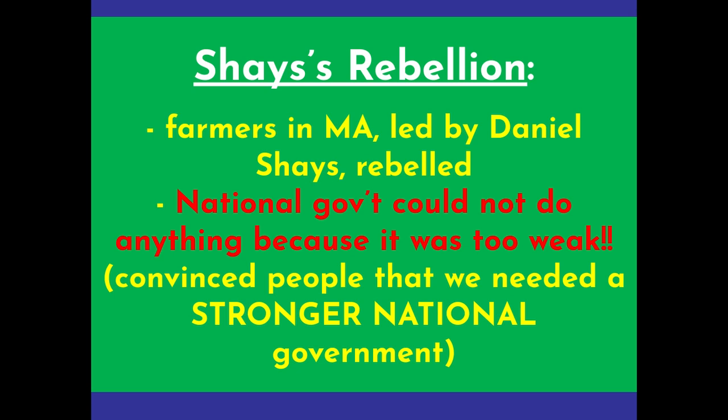Massachusetts was able to stop it on its own, but the national government could not do anything to help because it was too weak. It had no army, no money, nothing. This convinced people that the Articles of Confederation were not working, and that we needed a stronger national government.